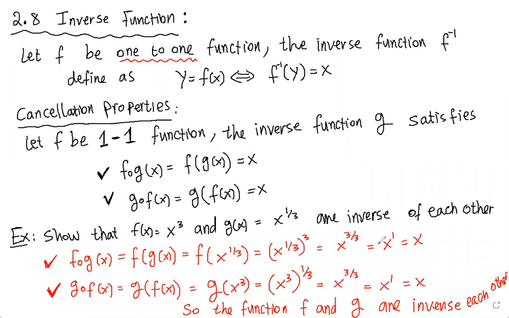You have to check the two conditions. First condition, f circle g. Second condition, g circle f. If both of them give me x, this means both functions are inverse to each other. If one gives me x and the second one doesn't, they are not inverse to each other. The answer for the first one must be x, and the answer for the second one must be x. Okay, thank you. No problem.